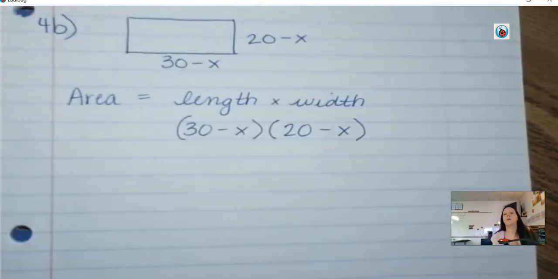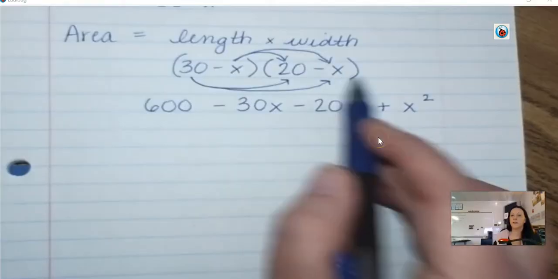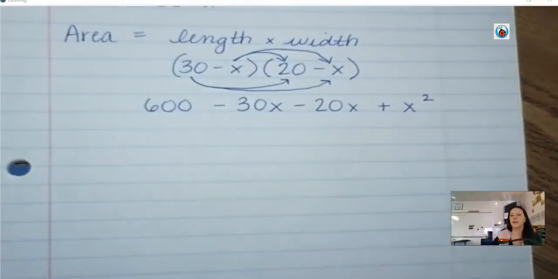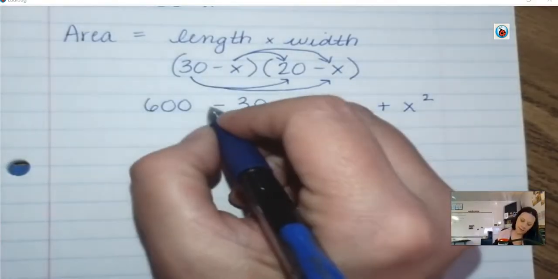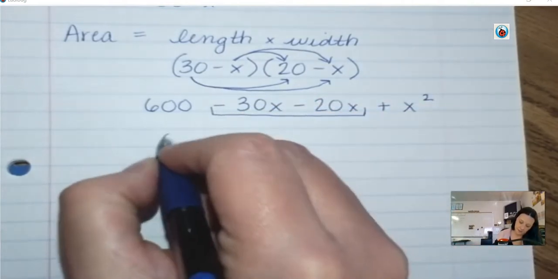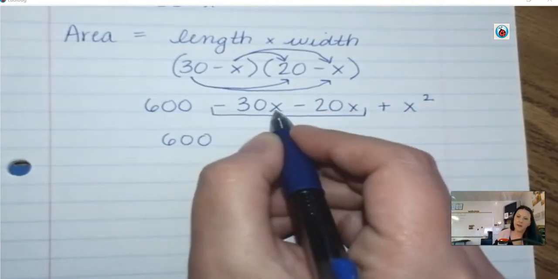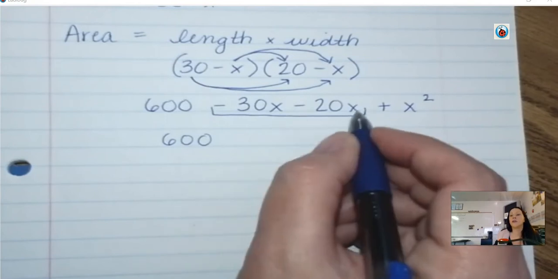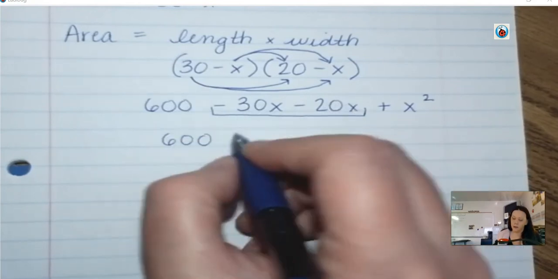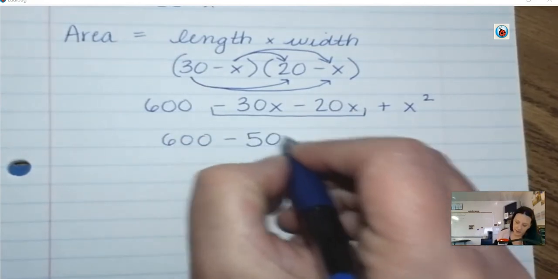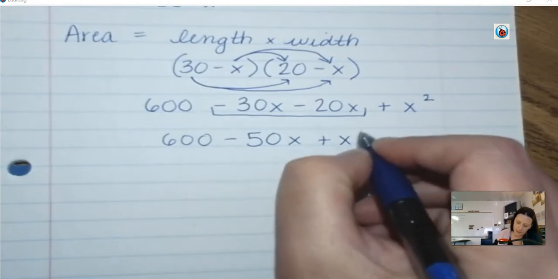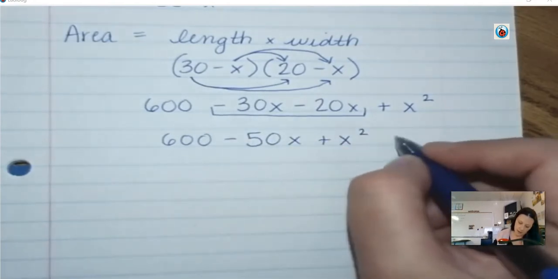Go ahead and multiply that out. Negative x times negative x, make sure you have positive x squared. Okay, combine your like terms. If I have negative 30x's and negative 20x's, if I add them together, I really have negative 50x's plus x squared. And then this is feet.